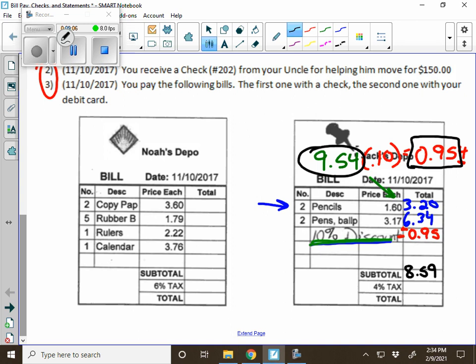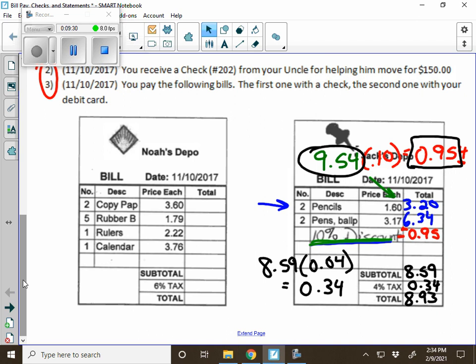So the discount is always taken out before the tax. You're never getting discount on tax. So I take 8.59 times my tax rate of 4% to get an answer of 34 cents. So that is my tax. So when I add that back in, I get $8.93.